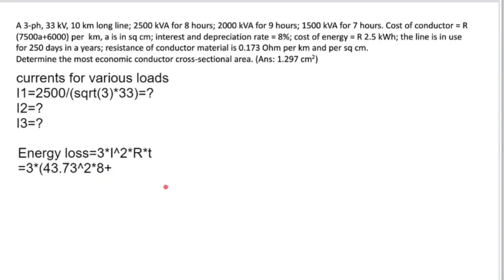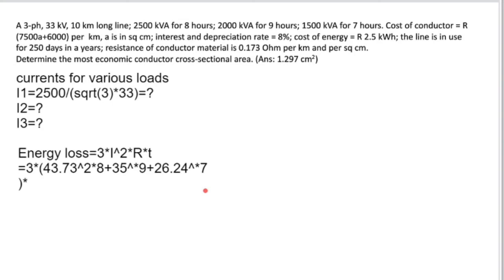Then the second one, 35 squared times 9 hours. Then the third one, 26.24 squared times 7 hours. So all the currents and hours are gone now. Is that clear? 3I squared times t is done for a day.